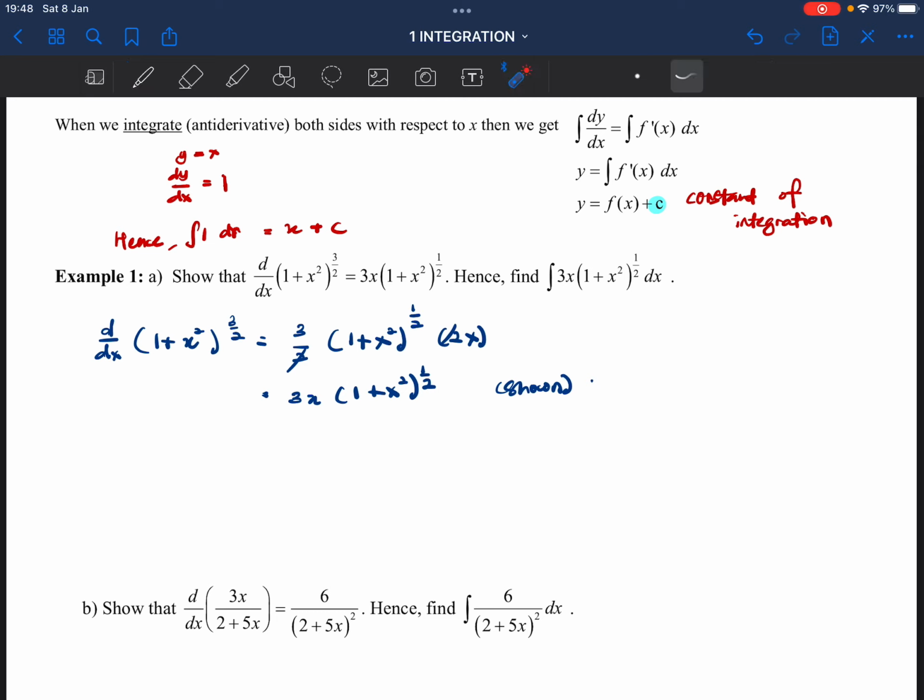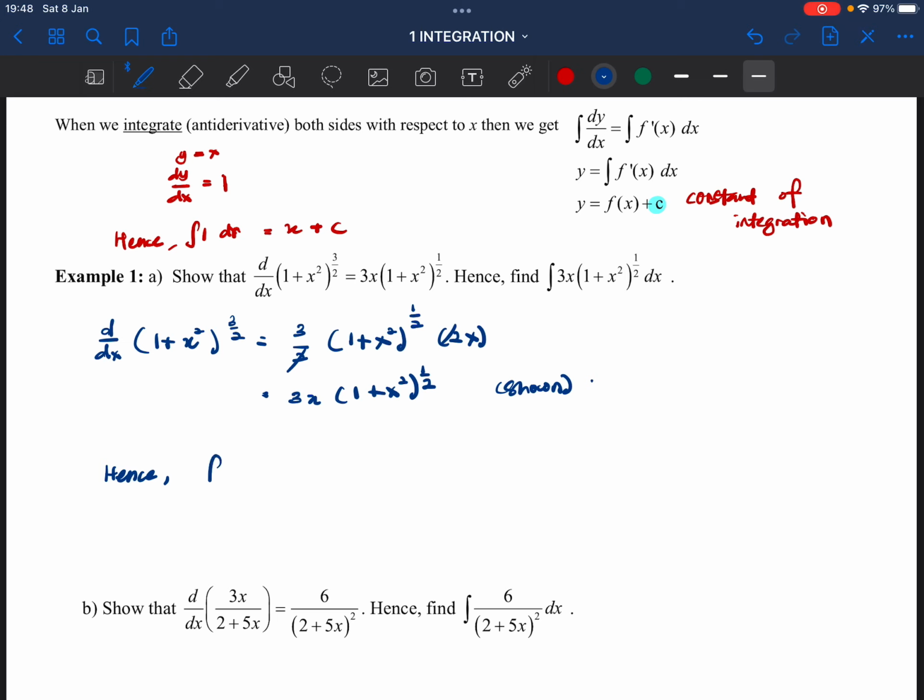The second question asks, hence, find this thing here. This is the symbol for integral. We call this integral, your function, dx. Dx means with respect to x. As you can see, this thing is the same as this one. So we don't need to use any method or technique.